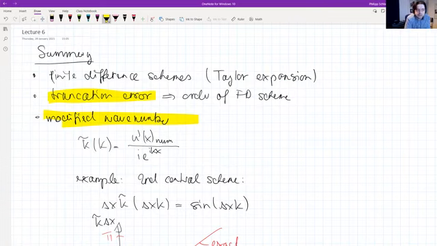So for instance, if the truncation error has a term that is proportional to delta x in it, then we call the scheme a first order scheme. If the leading error term is of second order, so delta x squared, then we will talk about a second order scheme. So that was one way to study the accuracy.